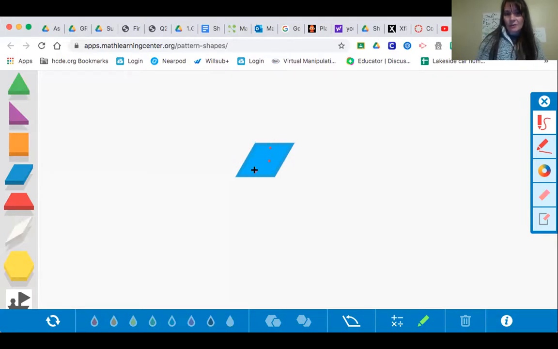Let's count them. 1, 2, 3, 4. How many vertices does this shape have? 1, 2, 3, 4. So it is another shape that has 4 sides and 4 vertices.